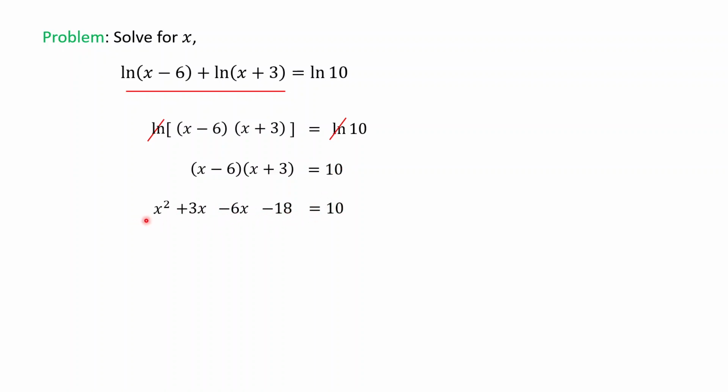Now simplify: x squared, 3x minus 6x, negative 3x, negative 18 is equal to 10. This is a quadratic equation you need to solve. To solve this, first let us move this to the left hand side so that you will have the quadratic equation in standard form.